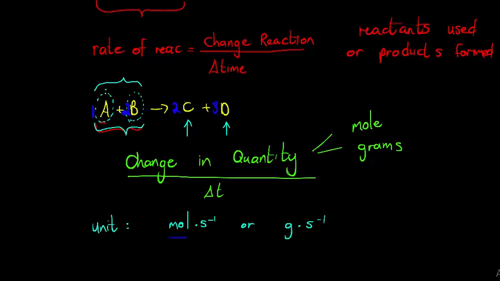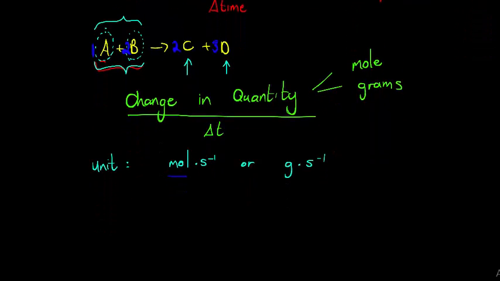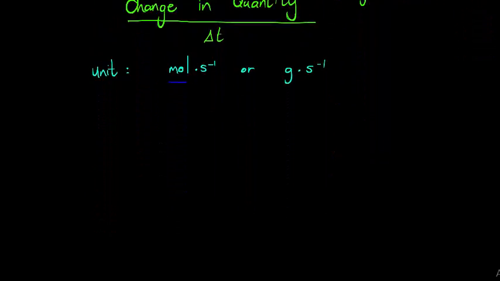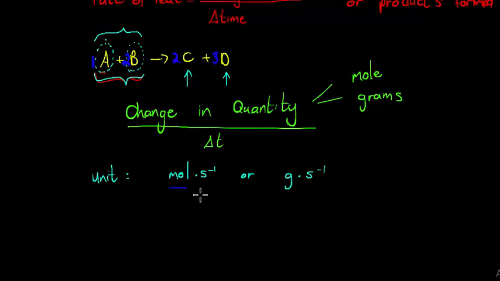Okay, so that being said, one other way that we can calculate it: in one way we will actually measure the amounts of moles or grams that are changing. How many moles are there in my container at the beginning of my reaction, and after a few seconds how many moles are there now?